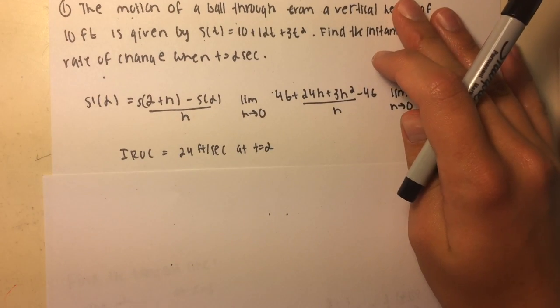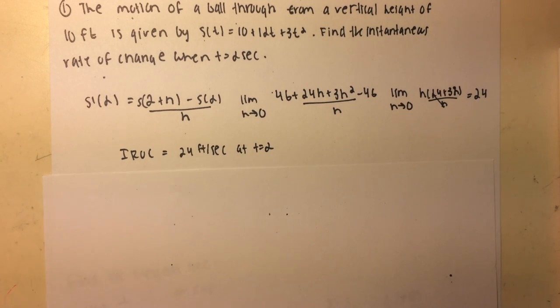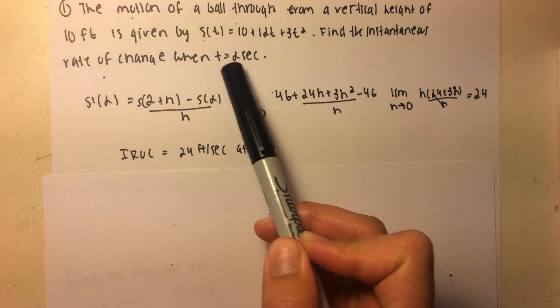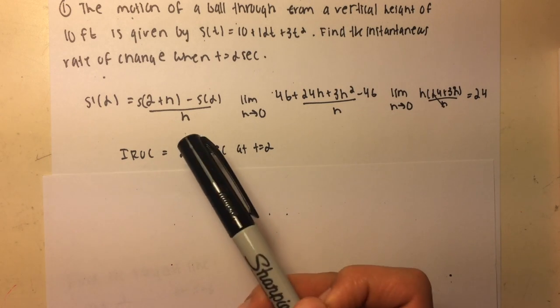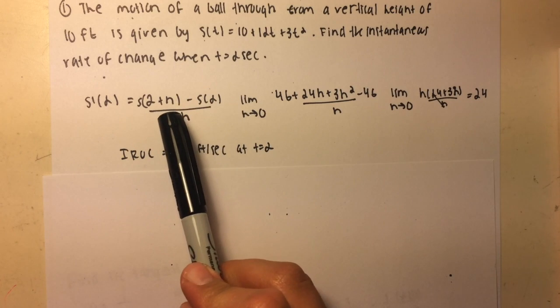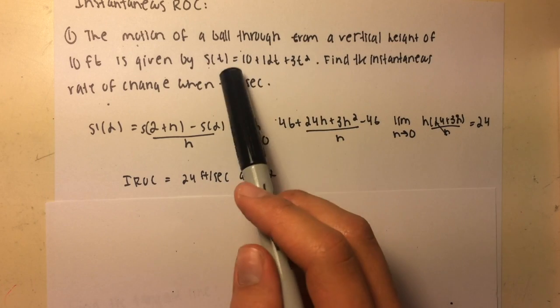Once again, we're going to use the f of x plus h minus f of x over h formula. But since we have an x value, which in this case will be 2, we can directly plug in the 2. However, it doesn't matter if you plug it in now or later. Sometimes it's easier. So we're going to plug 2 plus h into the original function, this one, and 2 into the original function.